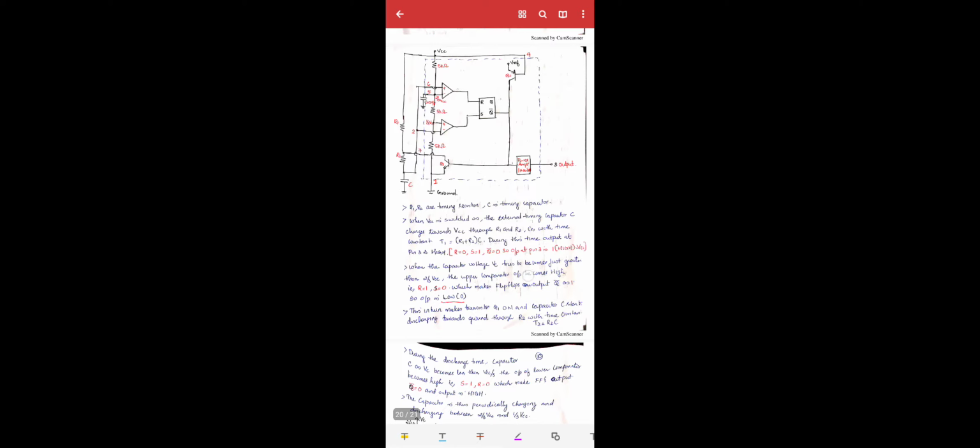So here in the circuit, resistors R1 and R2 are timing resistors and capacitor C is the timing capacitor.